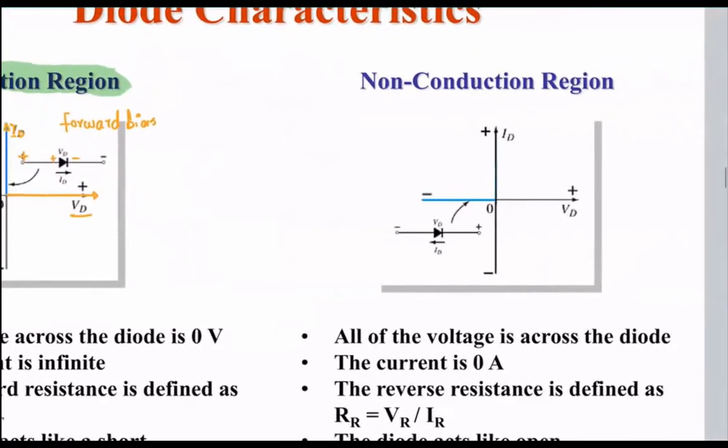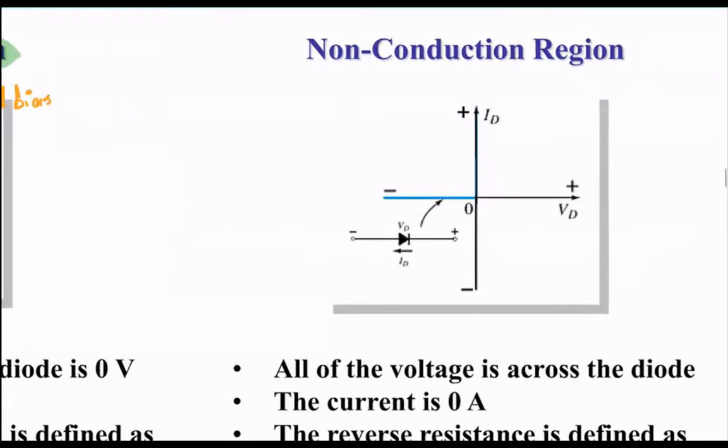Okay, now let's look at the non-conduction region. This happens when we swap the polarity of the power supply. So the negative terminal of the power supply is connected to the positive terminal of the diode, and the positive terminal of the power supply is connected to the negative.